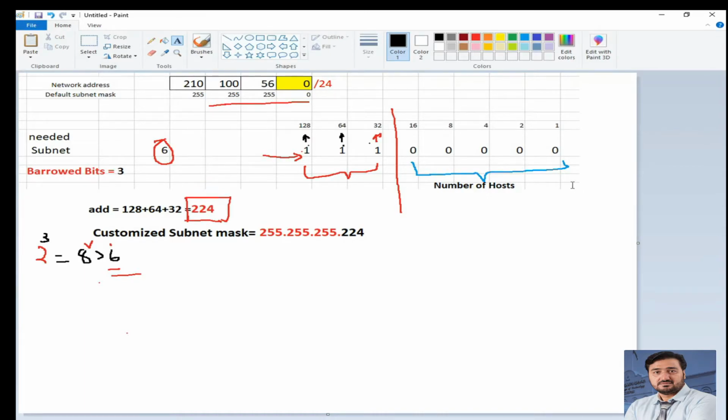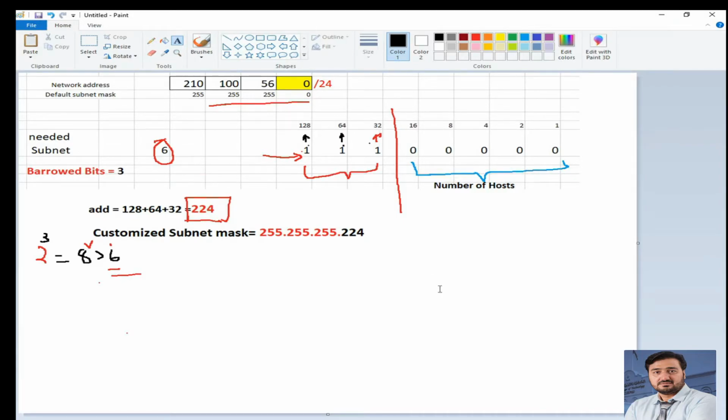Now how can you find the number of hosts here? I will tell you a very simple formula. This is our last bit borrowed.